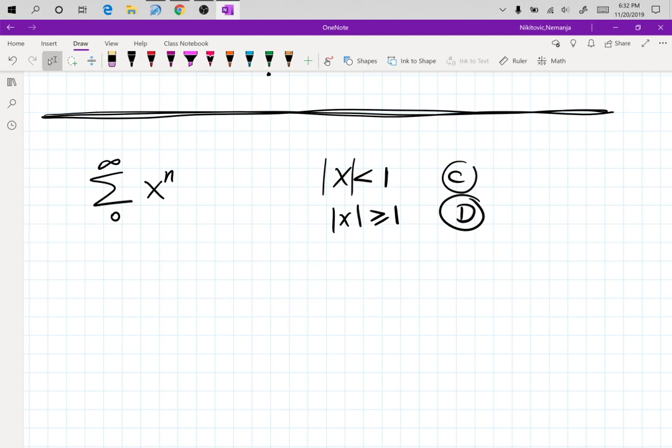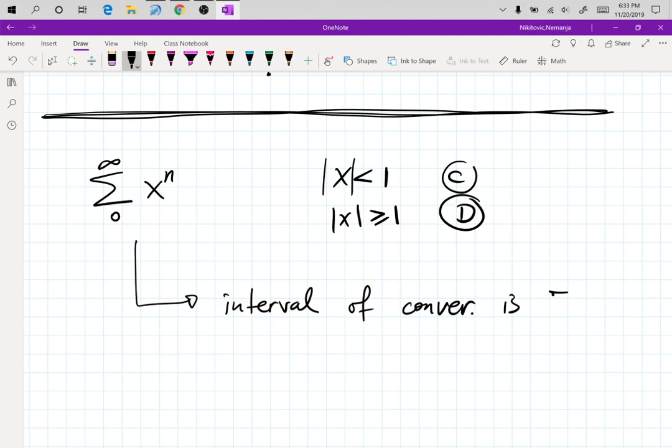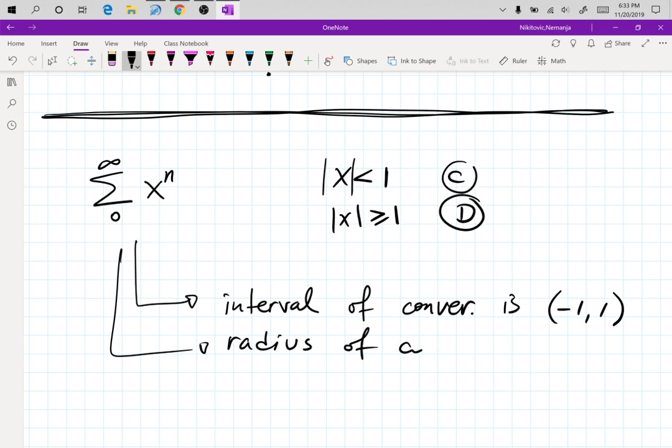So power series are tricky animals, and we can say for this particular power series that the interval of convergence is from -1 to 1, and the radius of convergence is r equals 1.